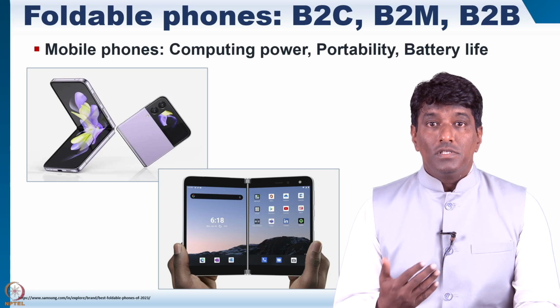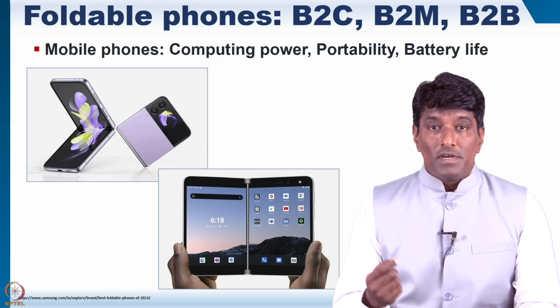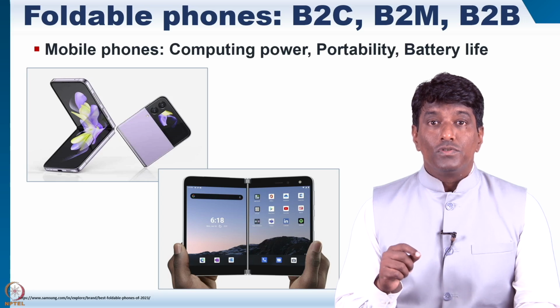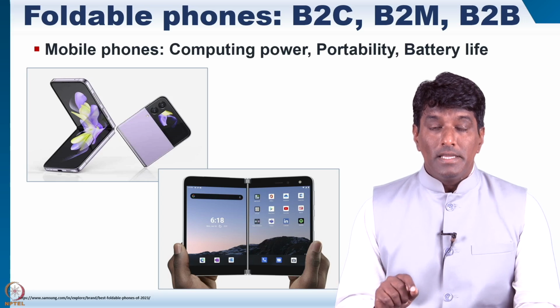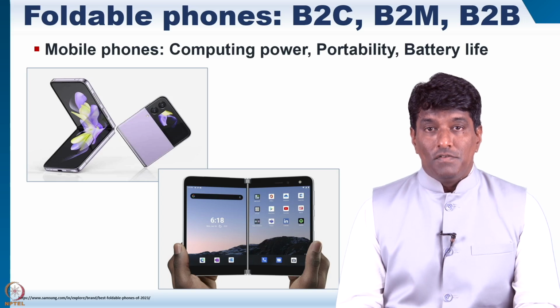I would want to use them also as computers, not just as phones. If it comes with a pen, I may even want to use it to take notes, write things, send WhatsApp messages, all kinds of functions that I do as an educated professional.